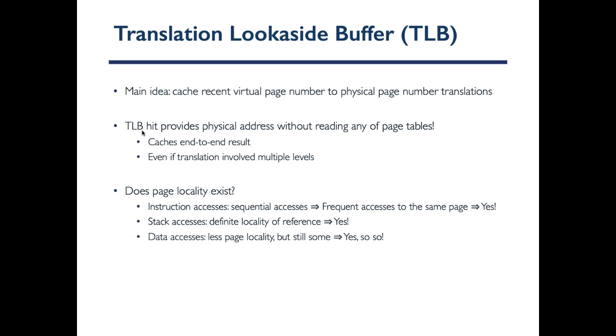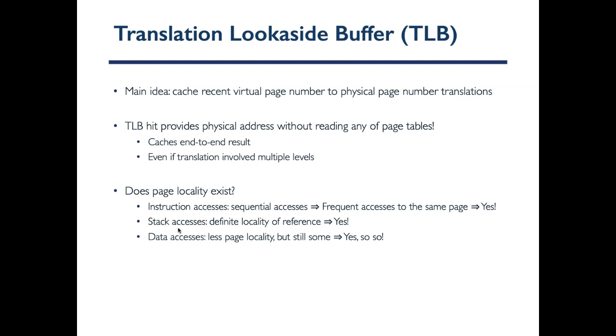So with data accesses, sorry, with this I have to elaborate more. What does it even mean to access your stack? Basically you're translating your stack pointer, right? If you look at the stack, it's usually in one location.